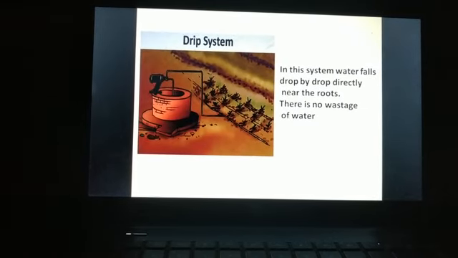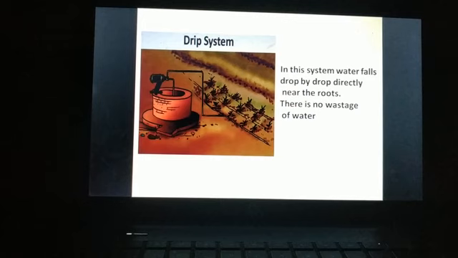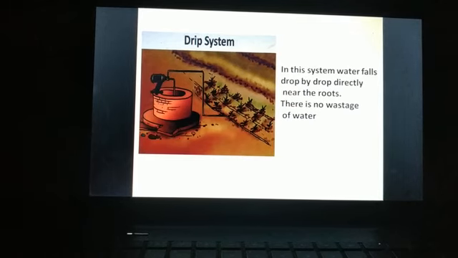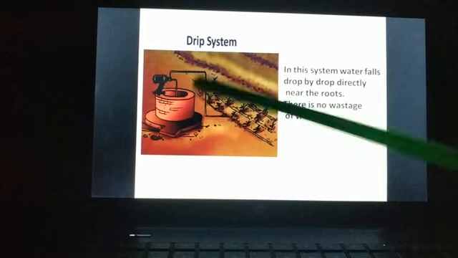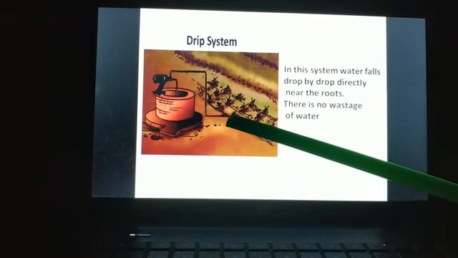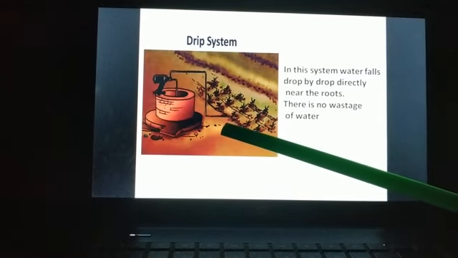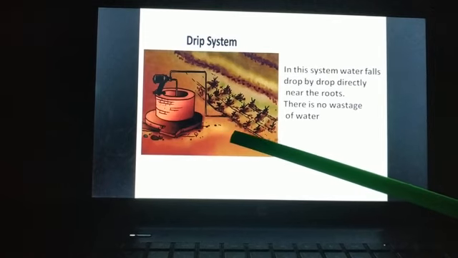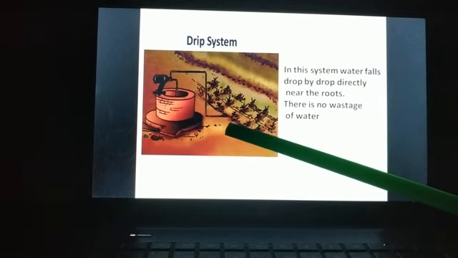Now another method of modern irrigation is the drip system. With the help of this system, irrigation is done drop by drop near the plant, so that only the part of the soil where the root grows is wetted.